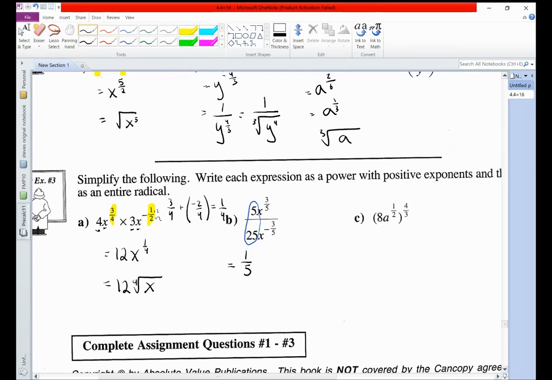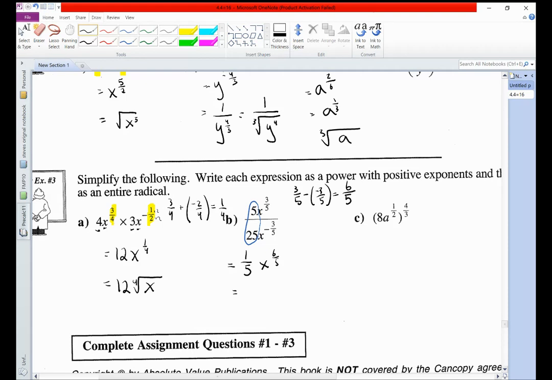So we can subtract those exponents. So we're going to have x to the 3 over 5 minus negative 3 over 5. They already have a common denominator, so we can leave that denominator. And then 3 subtract negative 3 is the same as saying 3 plus 3. So we have 6 over 5. So it's 1/5 multiplied by x to the power of 6 over 5.